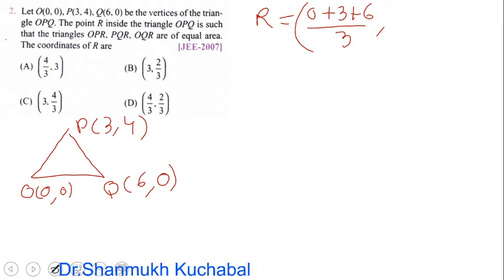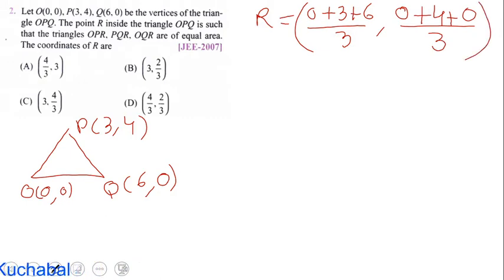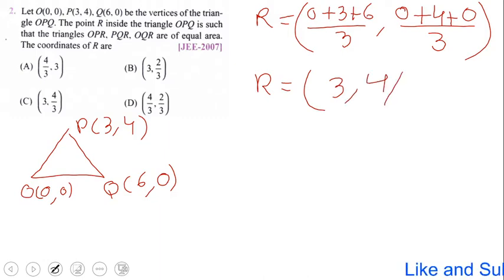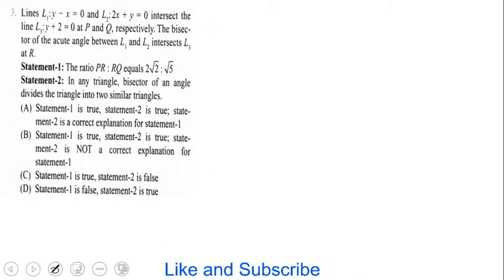Next, the y coordinate is 0 plus 4 plus 0 divided by 3. Simplifying this, the coordinate of R is 3 comma 4 divided by 3. Therefore option C is the right answer. Okay, we'll move to the next example.